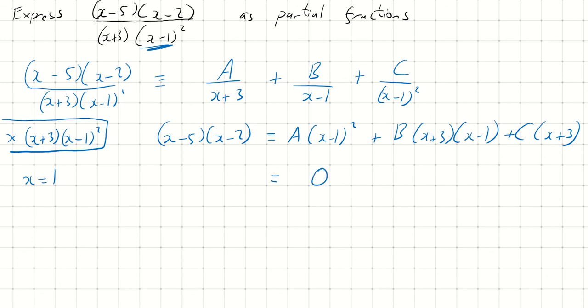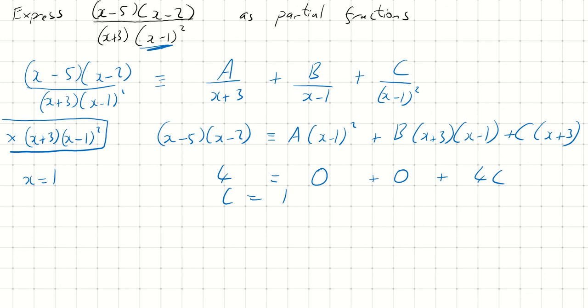So we get a 0 here, a 0 here, and this (x + 3) is 4, so we get 4C. The left-hand side is (1 − 5), that's −4, times (1 − 2), that's −1, so this is 4. So 4 = 4C, obviously C = 1.